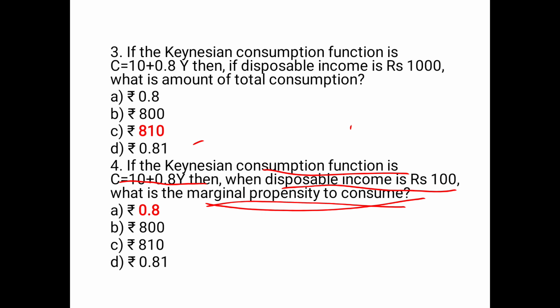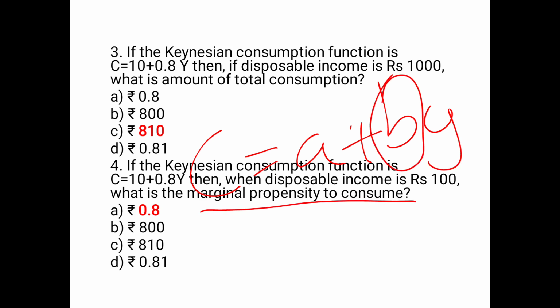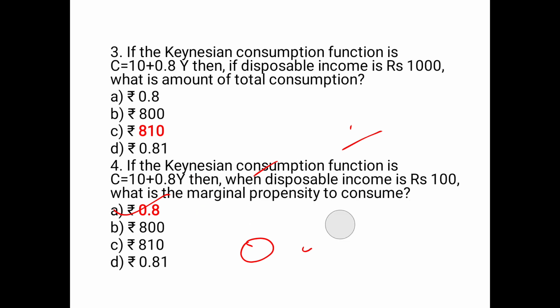So marginal propensity to consume is nothing but the value of B, that is 0.8, because when you express it numerically, you write it as C is equal to A plus BY. So this B value stands as marginal propensity to consume. So your answer is 0.8.